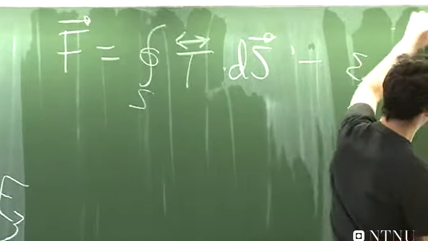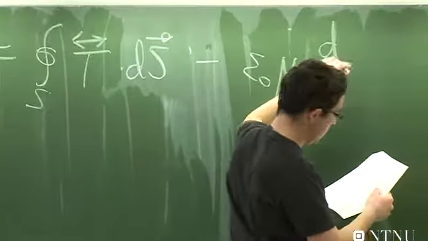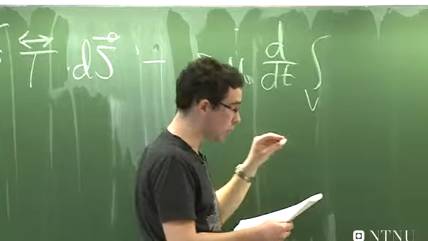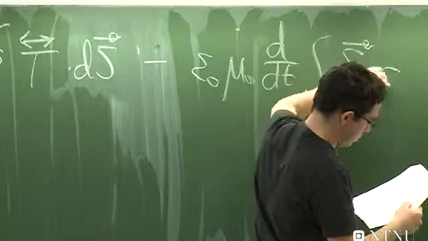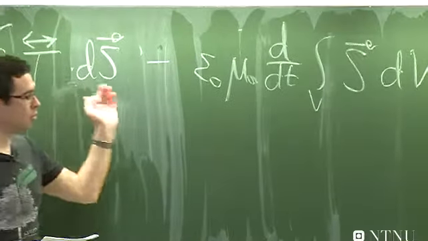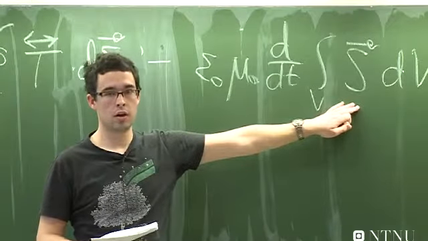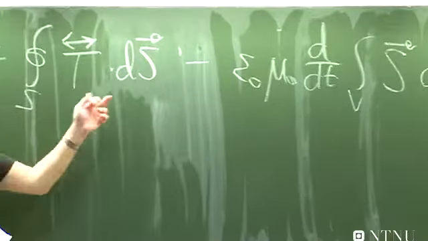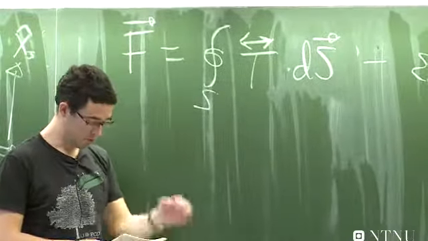And then there's one term, this is the flow of momentum, and this is the density of momentum, right? So if there's a force, it comes from some sort of change in this balance.